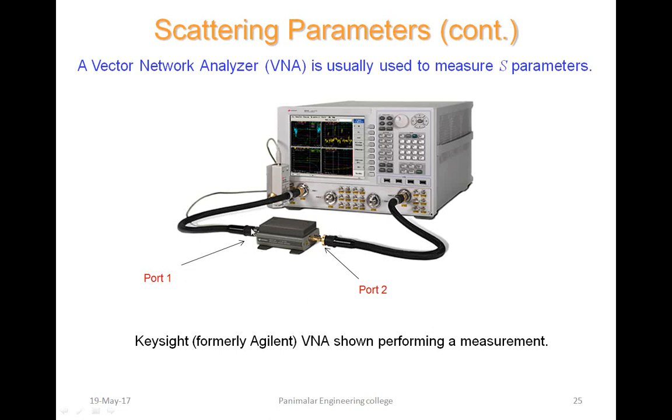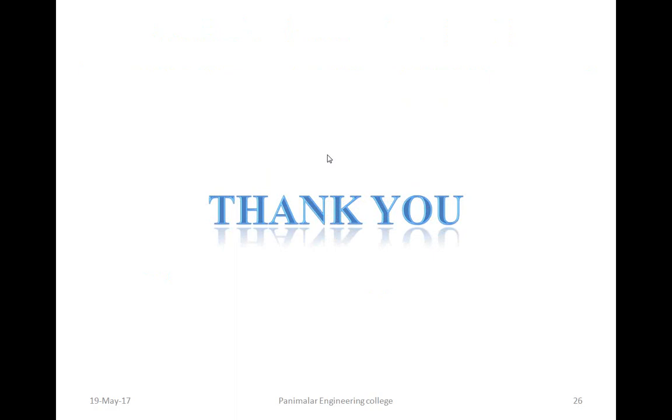And assume that this is port 1, this is port 2. Based on the reflections that are produced in the device, the wave amplitude is observed on the monitor. So this is the working methodology of a vector network analyzer for measuring S parameters. With this, the analysis of a 2-port network is completed. Thank you so much.